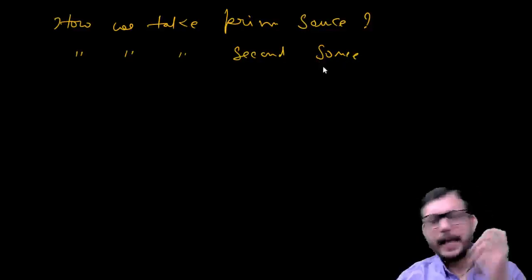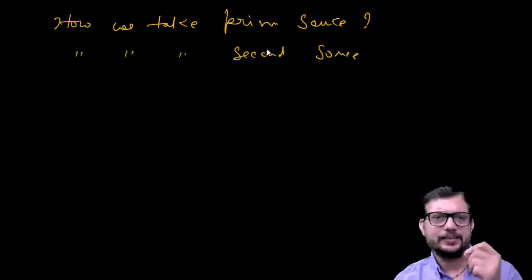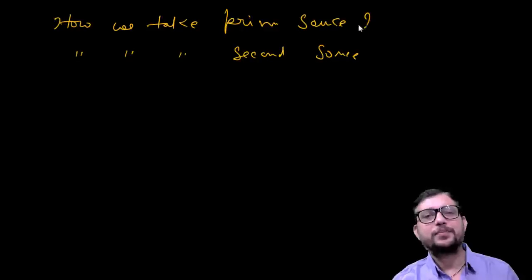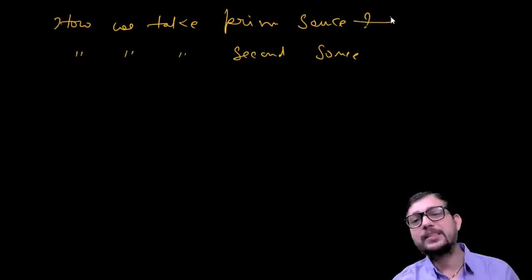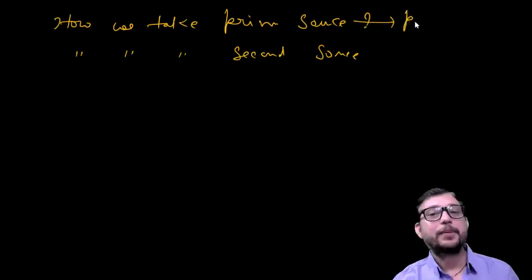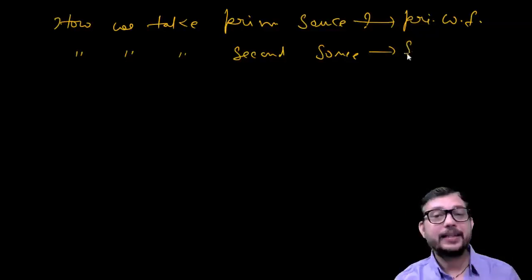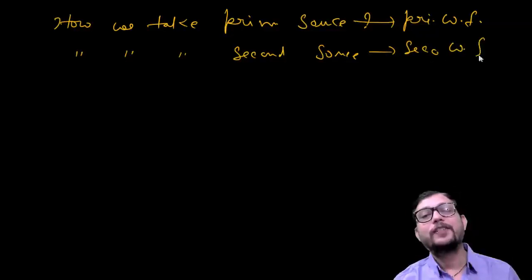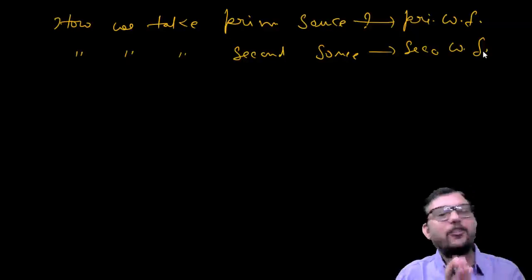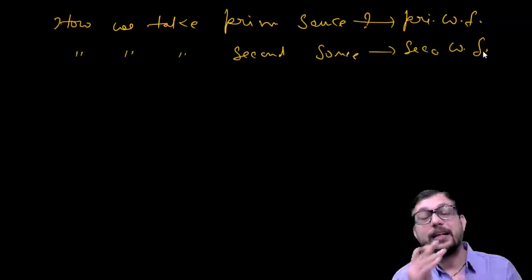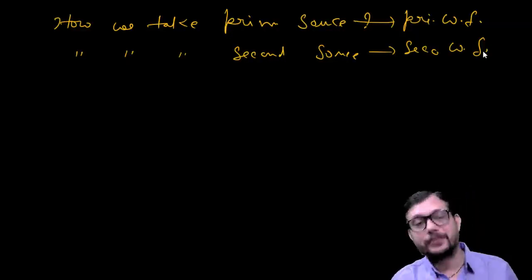In that condition we can simply assume that the primary source can be represented by the primary wavefront, okay, and the secondary source can be represented by the secondary wavefront. So we need to understand what a wavefront is.